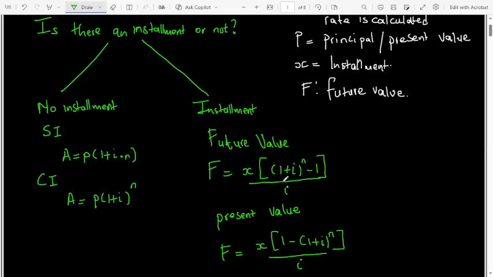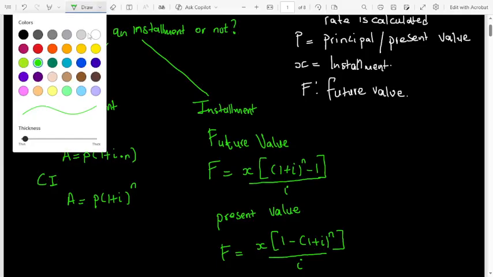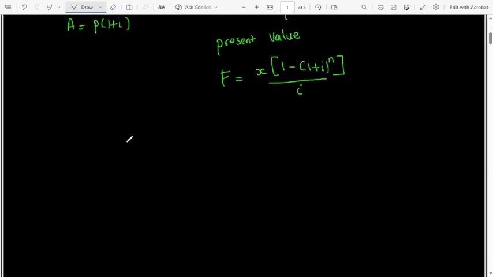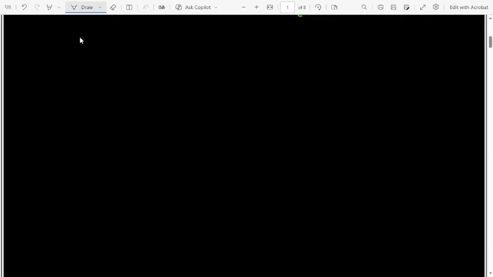We'll go through the future value and we'll also go through the present value, because these are the most important formulas that you're going to work on. So now let's work on this. I'm just going to first explain the formula for the future value.